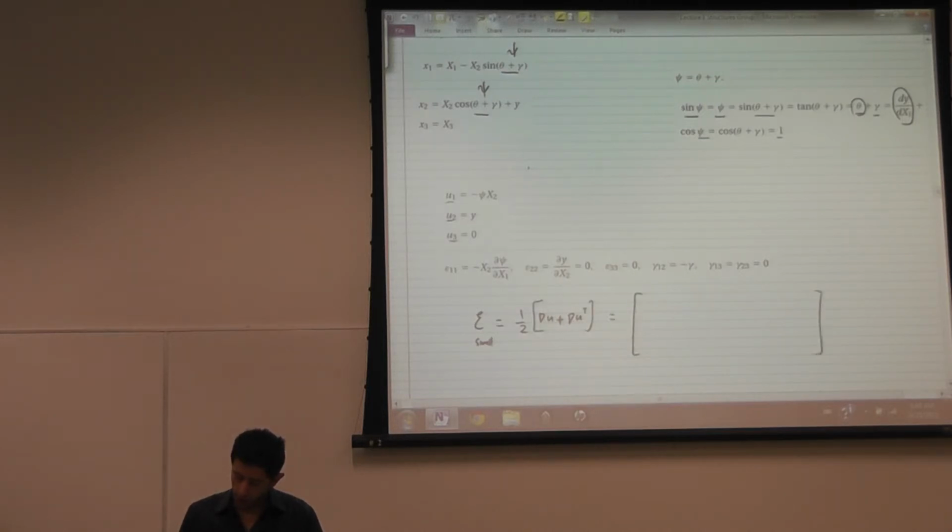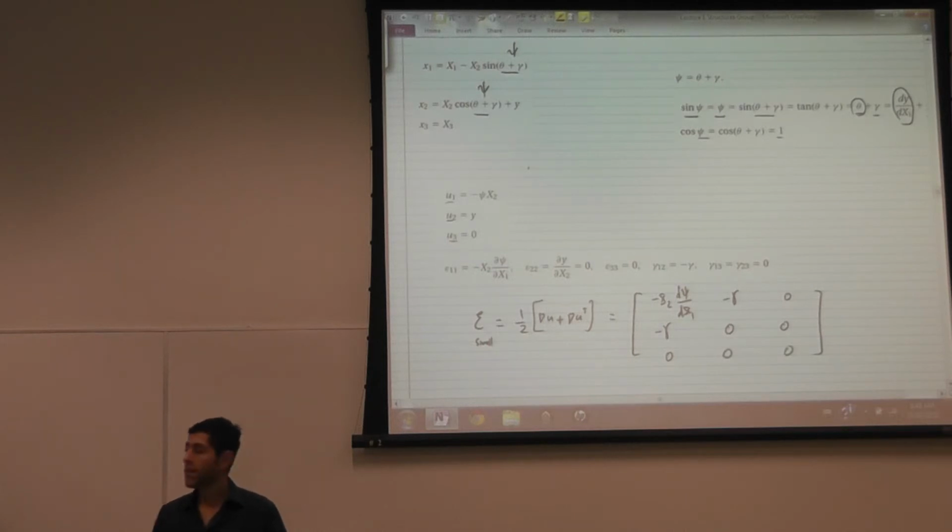Now we end up with negative x2 dpsi by dx1 and negative gamma. So unlike the other Bernoulli beam, when I now have a shear sigma 12, I have a corresponding shear strain.